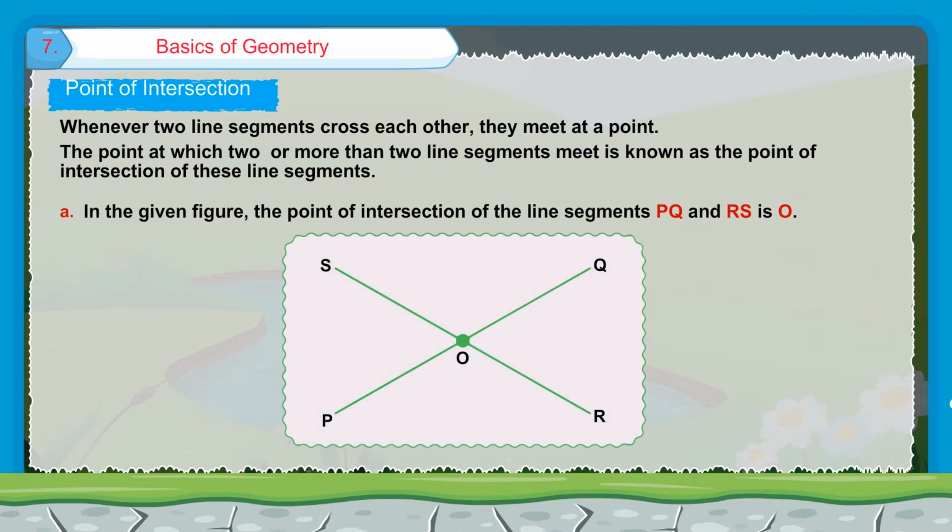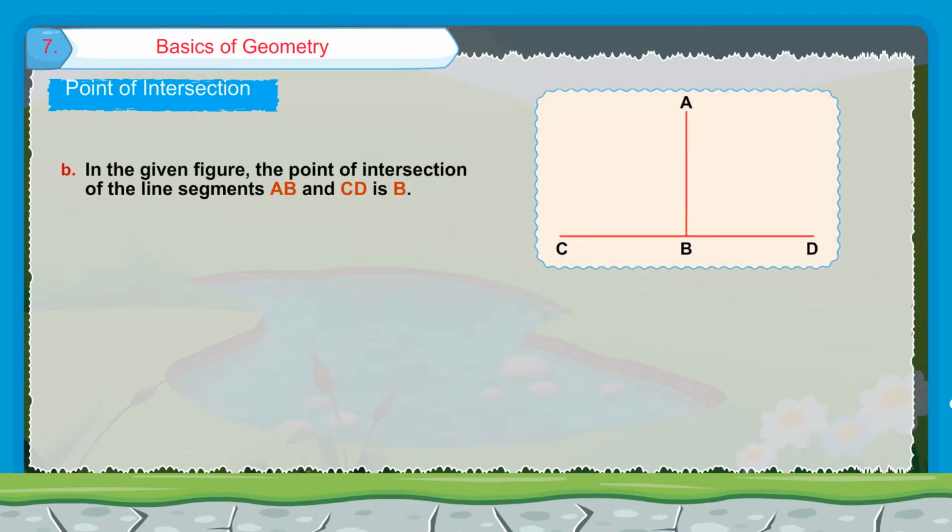A. In the given figure, the point of intersection of the line segments PQ and RS is O. PQ, RS, O. B. In the given figure, the point of intersection of the line segments AB and CD is B. AB, CD, B.